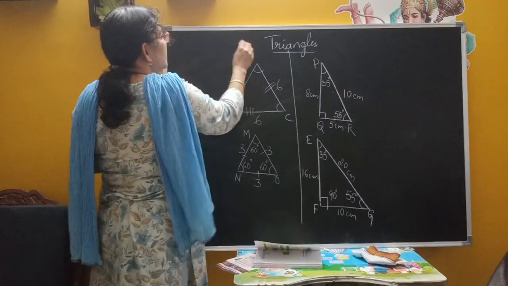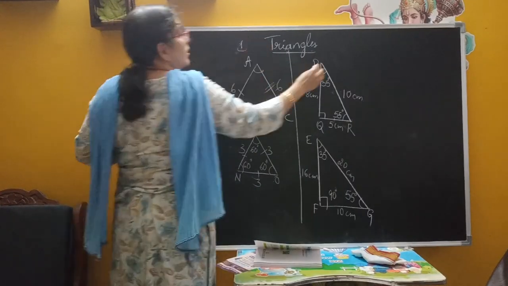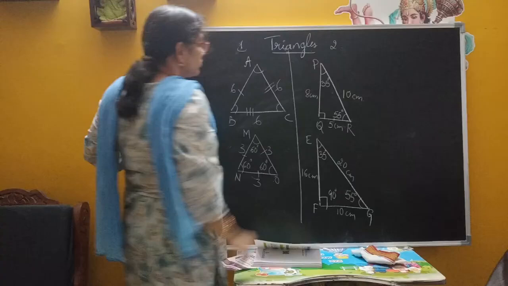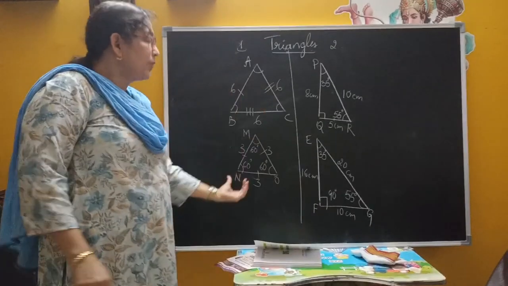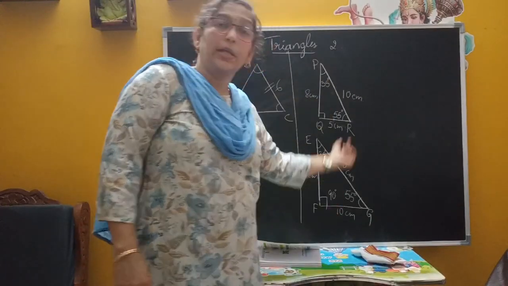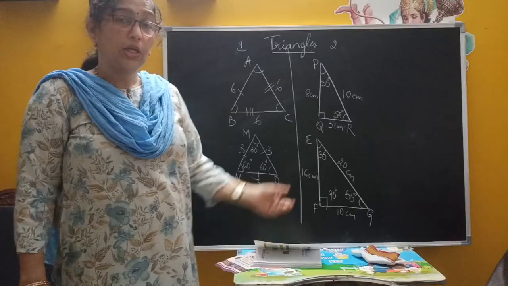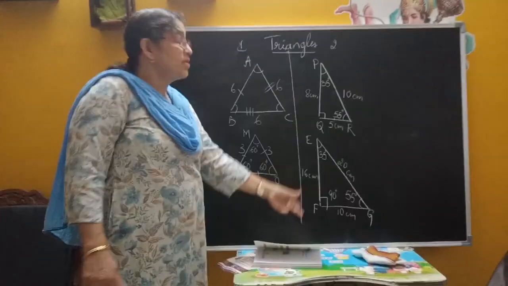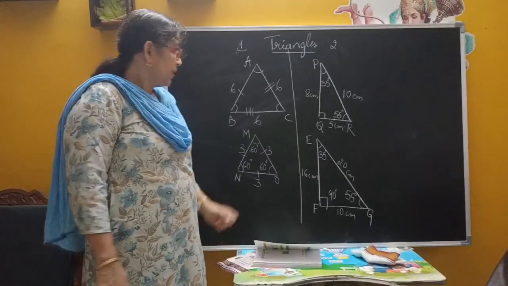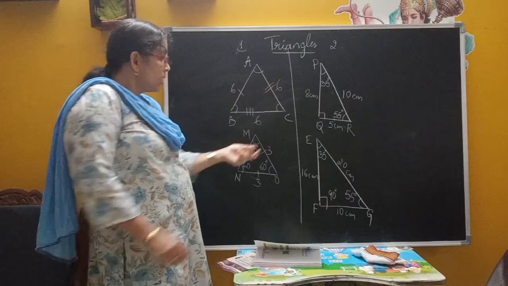Okay, in A, this is list 1 and this is list 2. Here I have two equilateral triangles, here I have two right angle triangles. Can you find any relationship between these sets of triangles? What is the relation?